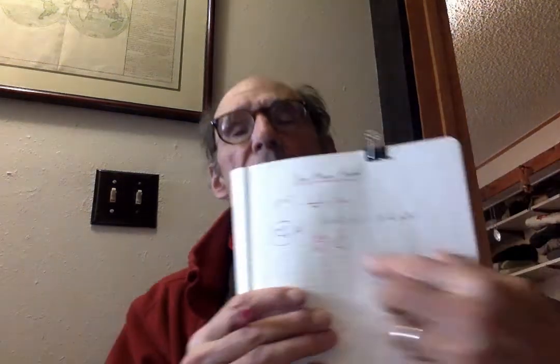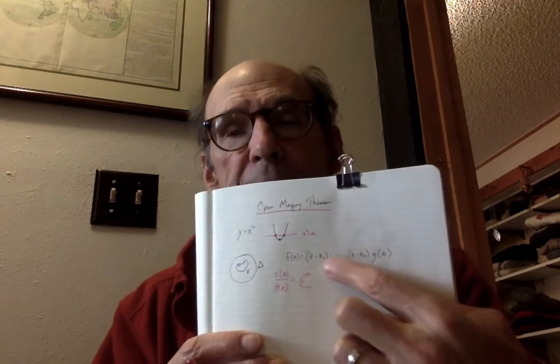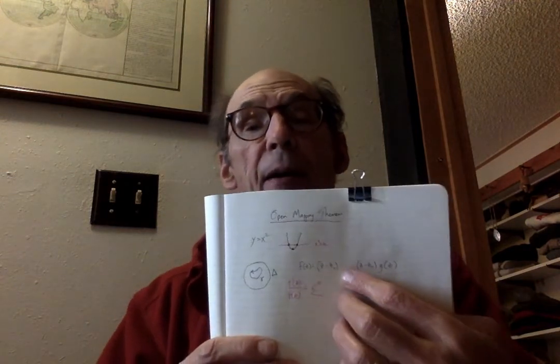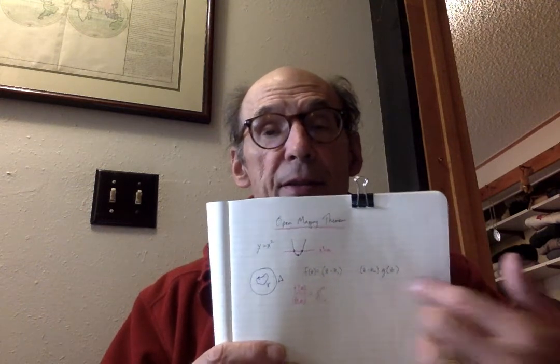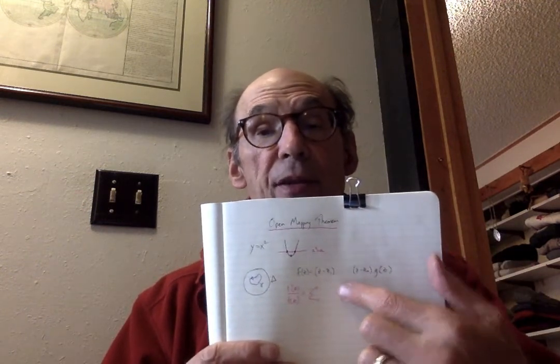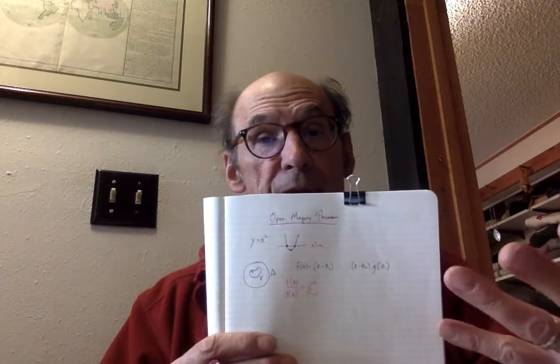When you take the log, you get the sum of the logs of each of these factors, z minus z sub j, and when you take the derivative of each of these, you get the derivative of z minus z sub j over z minus z sub j. So you get an expression that looks like this.